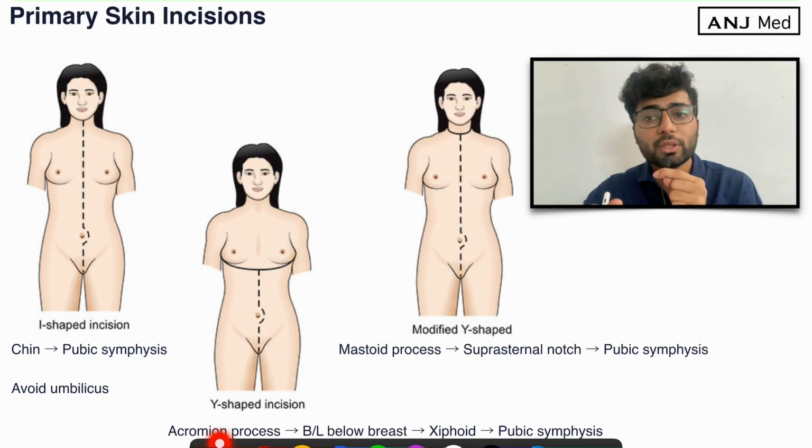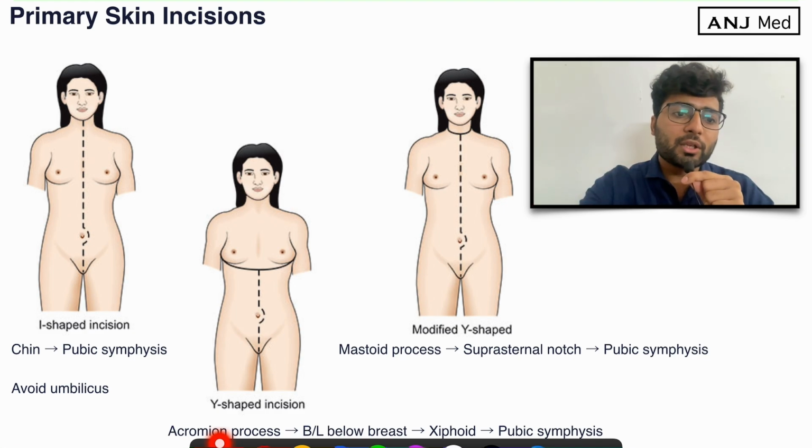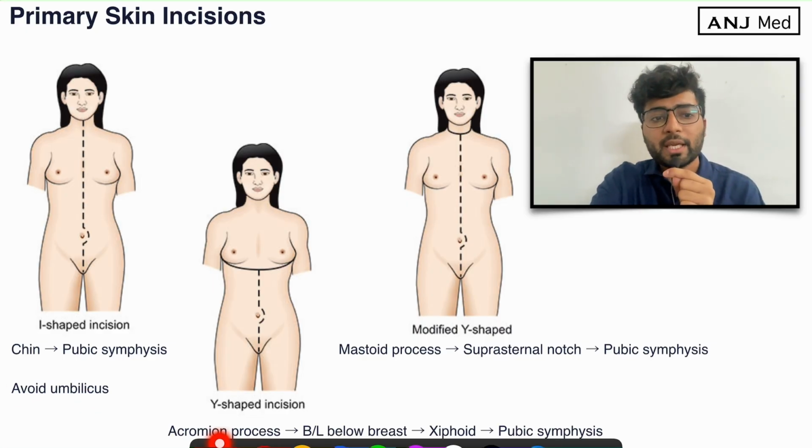And why do we want to suture it back? Because we have to give this body to the relatives for their procedures, right? So we avoid the umbilicus. The incision is made from chin up to the pubic symphysis. And why are we making this incision? To study the organs, whether there is poisoning or anything, and to study the cavities.